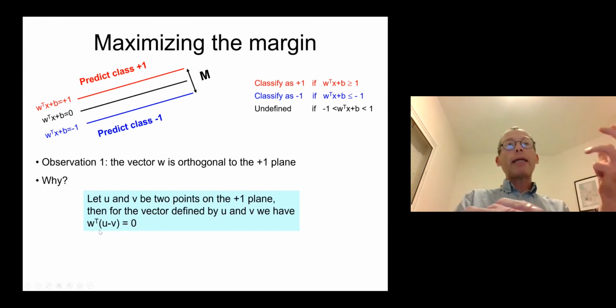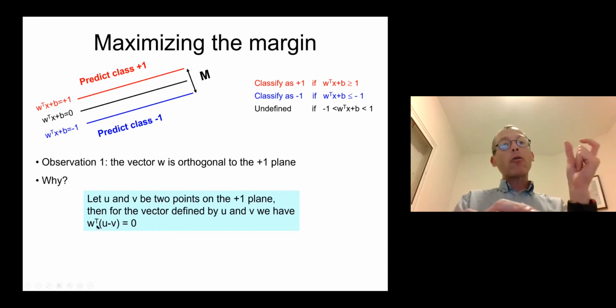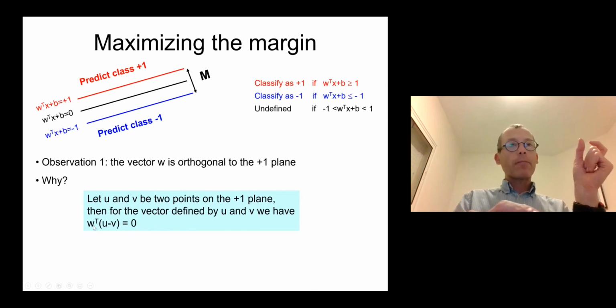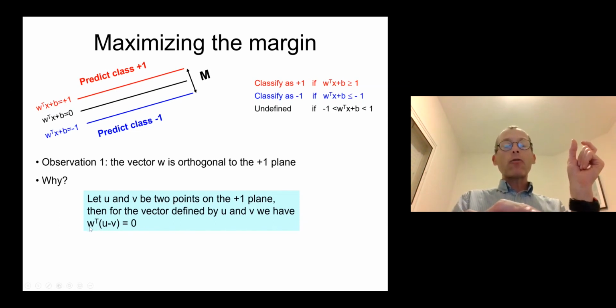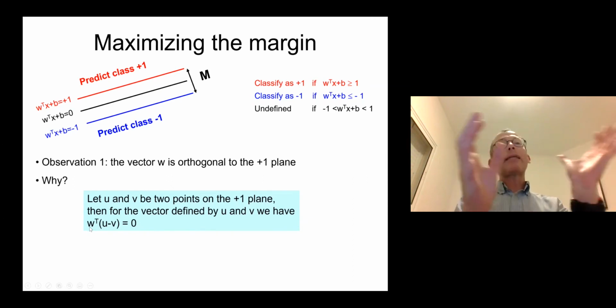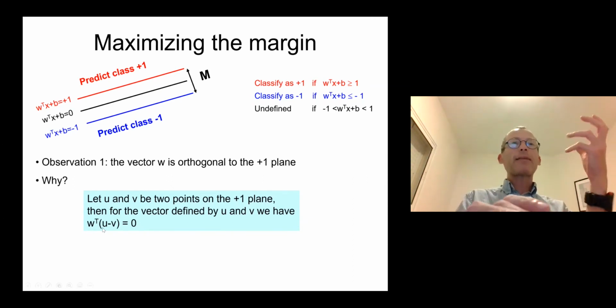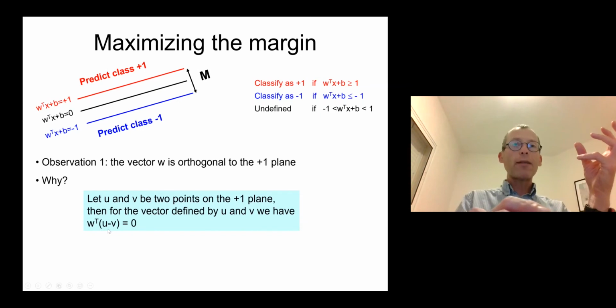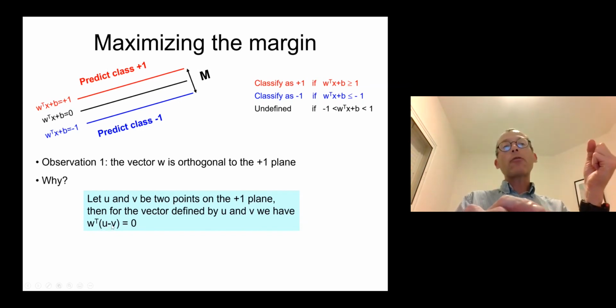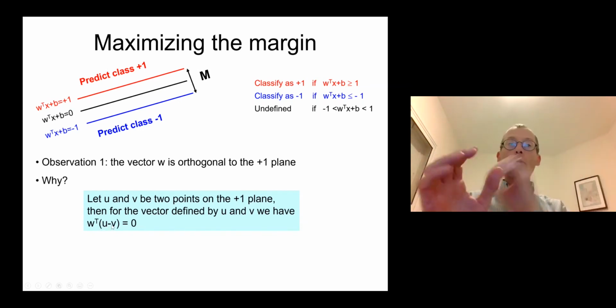So this means that the two vectors are orthogonal. In this case, W is orthogonal to 2 points on the plane, and if it's orthogonal to any 2 points, it will be orthogonal to the entire plane.